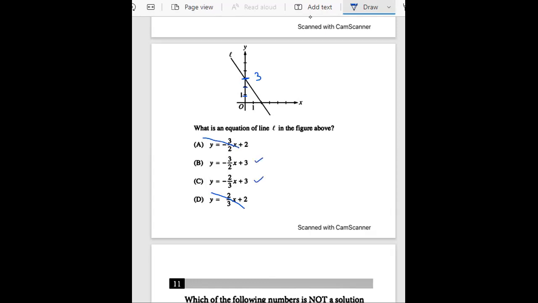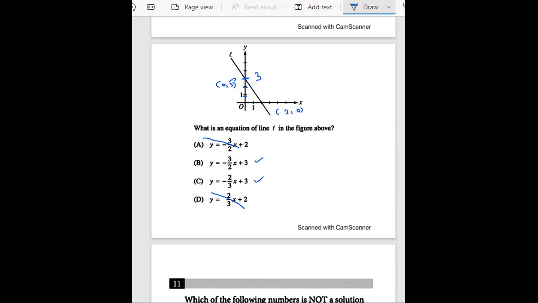Now, how do we choose between these two? We find the gradient. Yes. And how do we find the gradient? This first point is basically (0, 3), and this point is (2, 0).